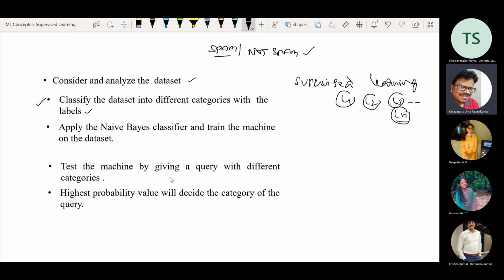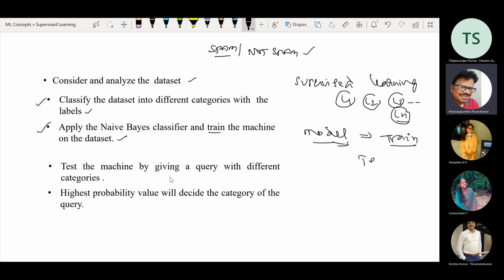After classifying the data sets into categories, we need to apply the naive Bayes classifier and train the machine on the data set. Training means that whatever model we are taking, we give it the data set and we get the corresponding model implementation.